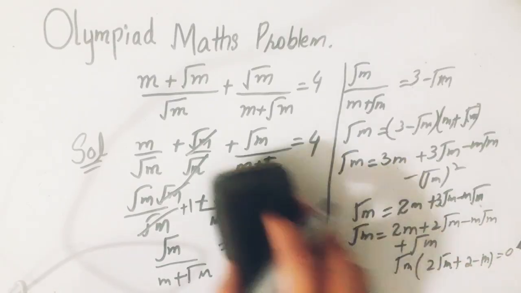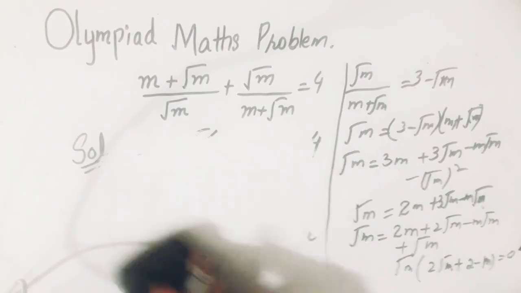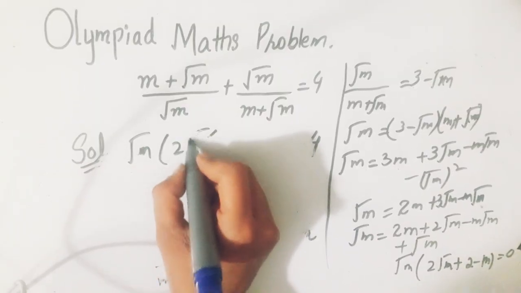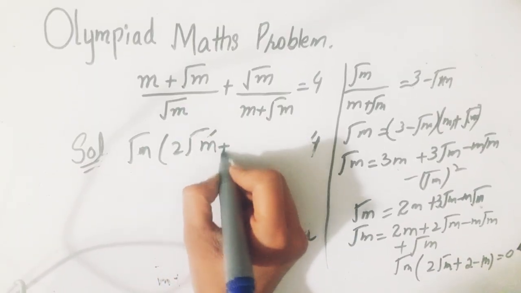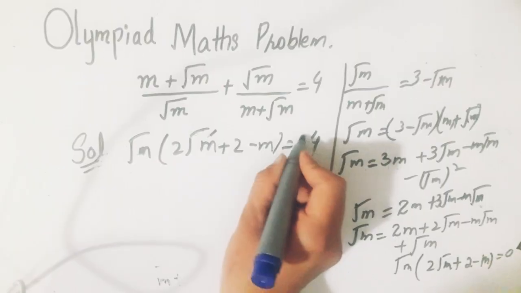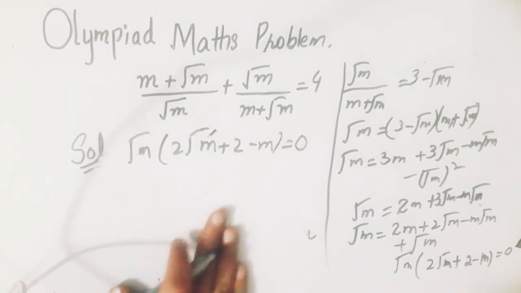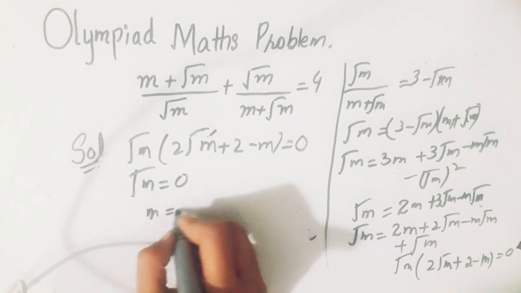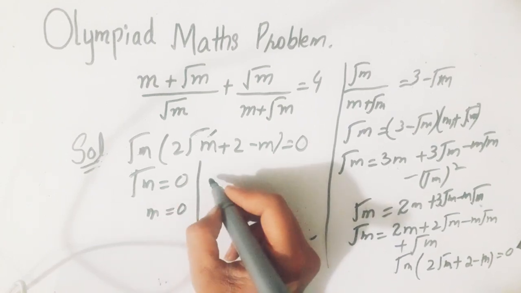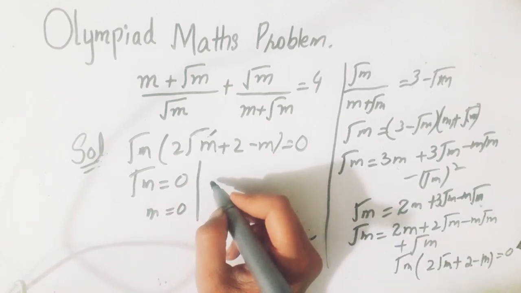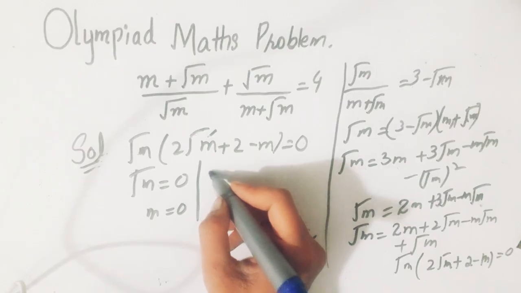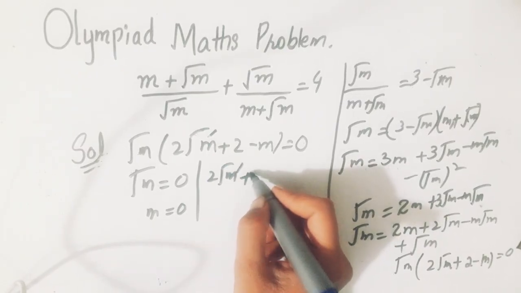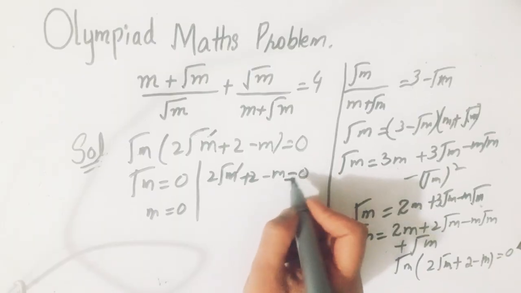We have two possibilities: that root of m into 2 root of m plus 2 minus m equals 0. Now we write the final answer, root of m equals 0, that is m equals 0. Then 2 root of m plus 2 minus m equals 0.